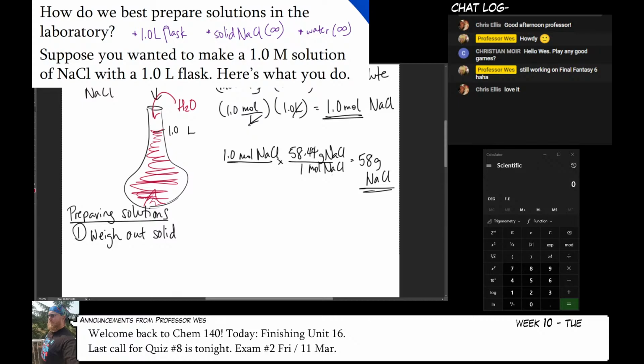We'll call that the solid. We're going to add to the flask. To do that, you need to do the calculation that we did right here. Then we're going to add H2O until it hits the fill line.